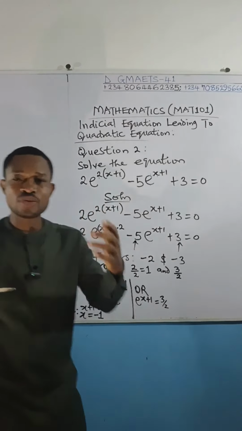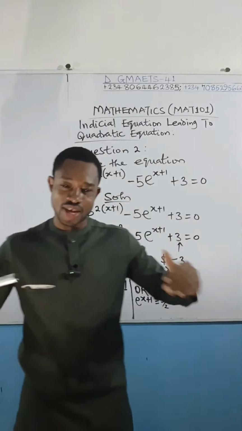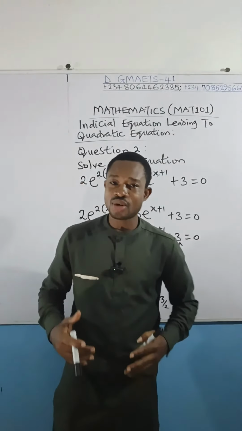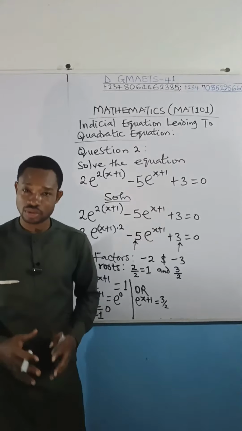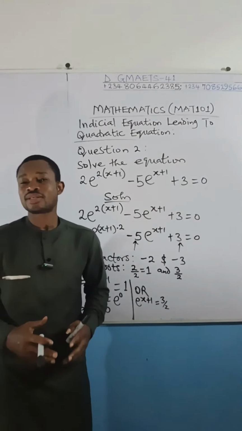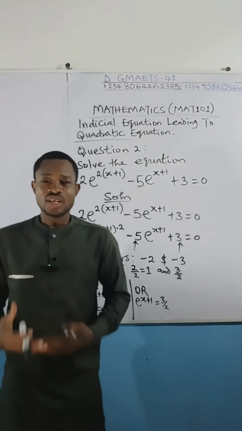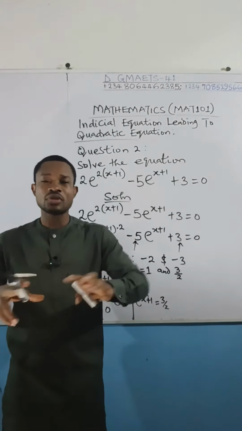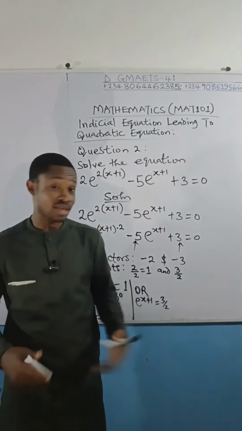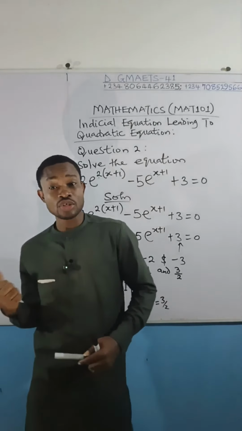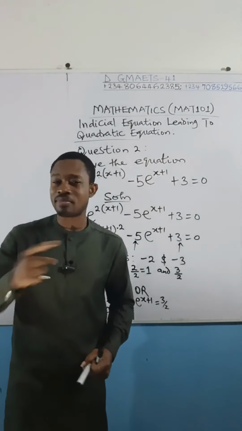In indicial equations, whenever the bases cannot be expressed in the same term, we usually conclude that there is no solution. It is not as if we cannot follow through some mathematical procedure to get the answer. Most often we can. But of course, that does not include the previous one we solved, where we had minus 5.